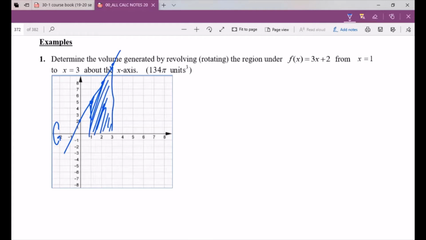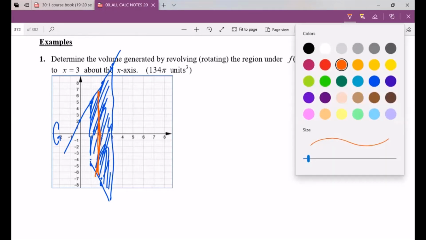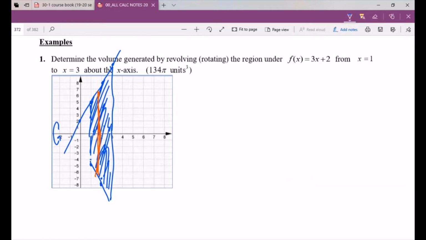And as we rotate this around, the cross section looks like this, and we get a thin disk that we generate by rotating around. Each of those thin disks, we stack them together and add them all up, and that gives us our volume.